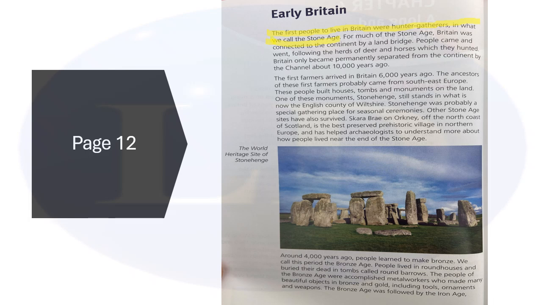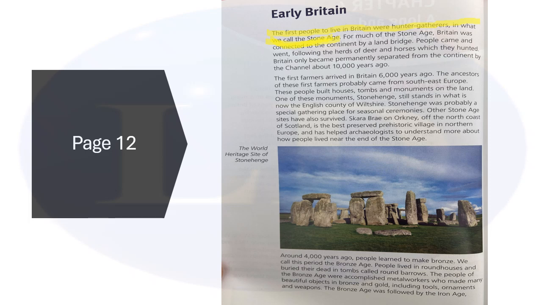This is the time we call the Stone Age. For much of the Stone Age, Britain was connected to the continent by a land bridge. So during this time Britain and the continent, meaning Europe, were connected by land.